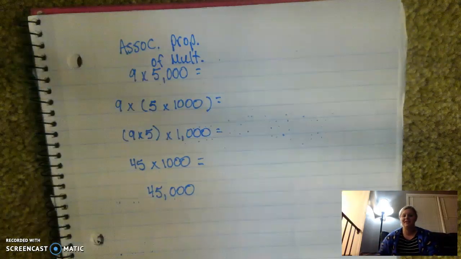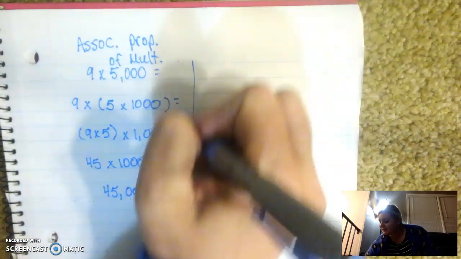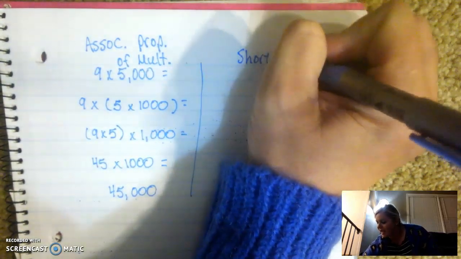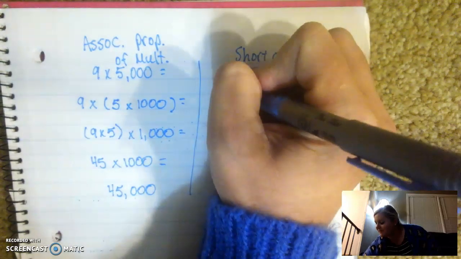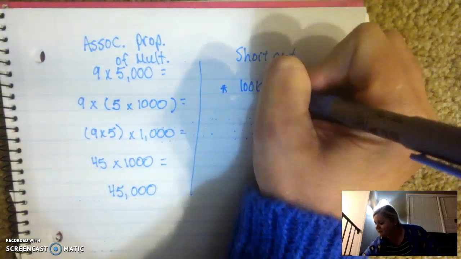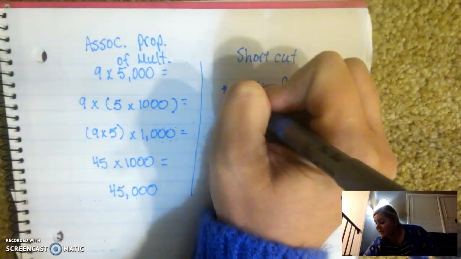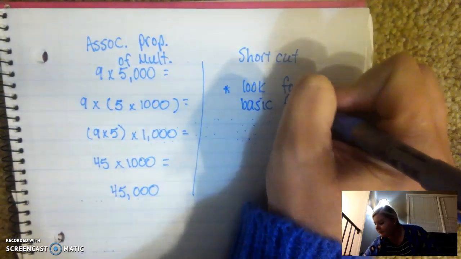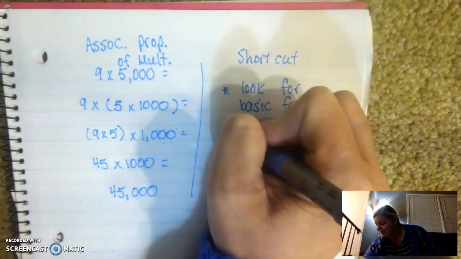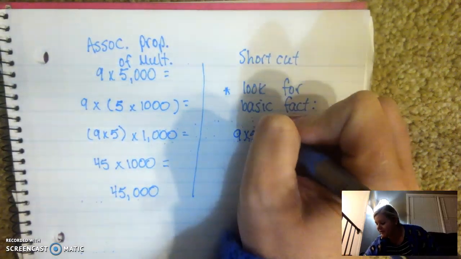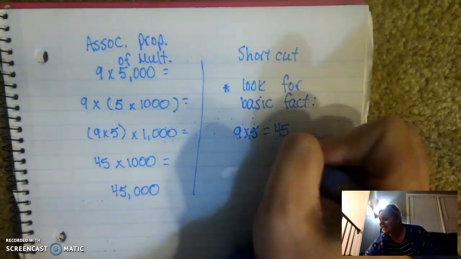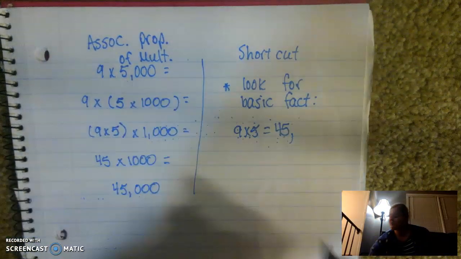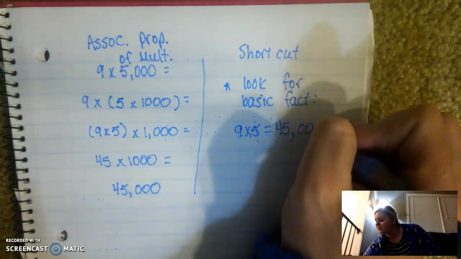Okay? The shortcut has me look for the basic fact. And in this case, what? 9 times 5, which is 45. And then I would add in the zeros at the end. So 1, 2, 3.